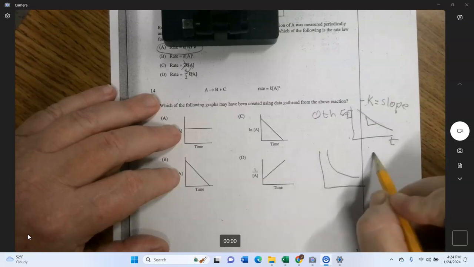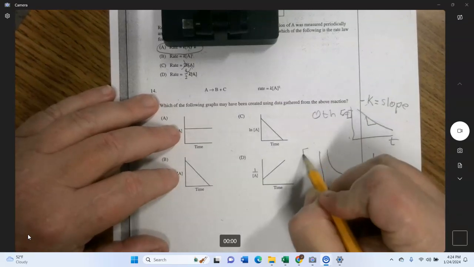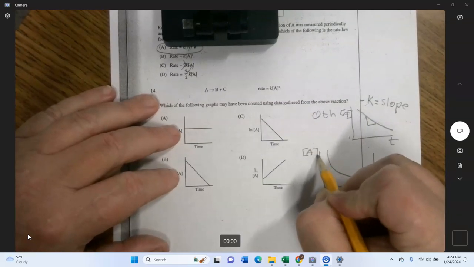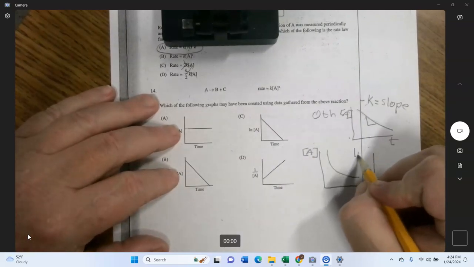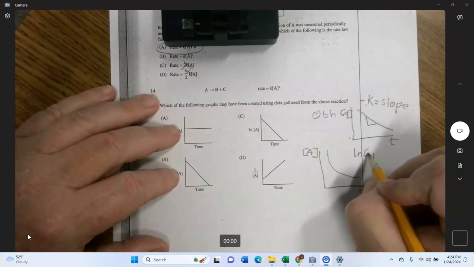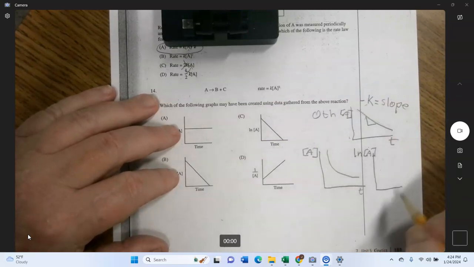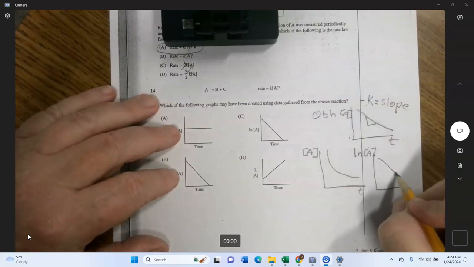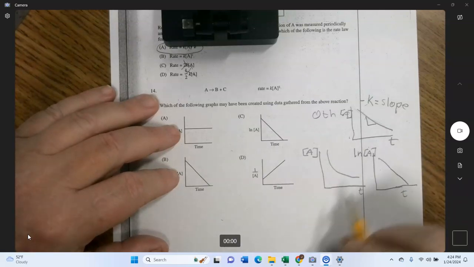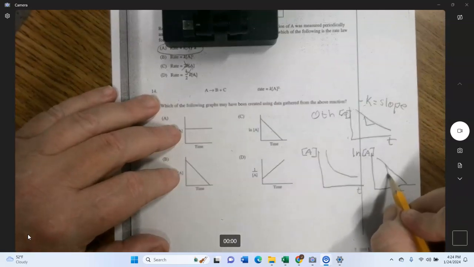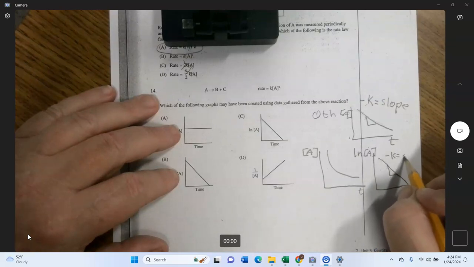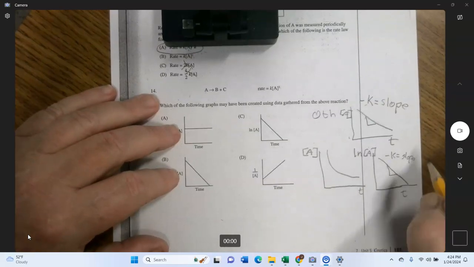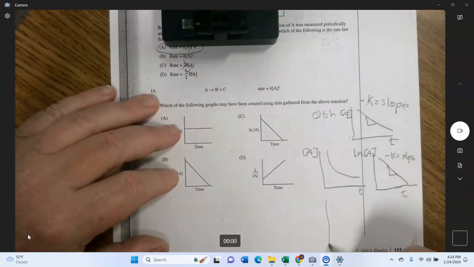It looks like that. And if you linearize it, so again, this is the original concentration of A versus time, with first order, if you take the natural log of the concentration against time, it gives you a negative slope like that. Again, k is the negative of the slope. Okay? Finally, second order.